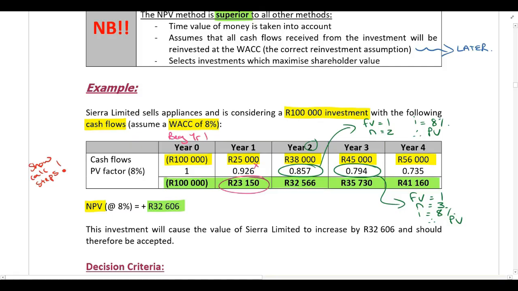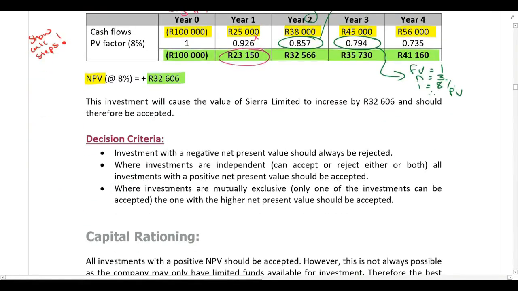Then how do we determine whether the company should invest in this project or not? Here's my decision criteria just below. If the investment has a negative net present value, it should be rejected, because if it has a negative net present value, that means it's going to decrease the value of the company. However, if it has a positive net present value, it should be accepted because that means it's going to increase the value of the company.